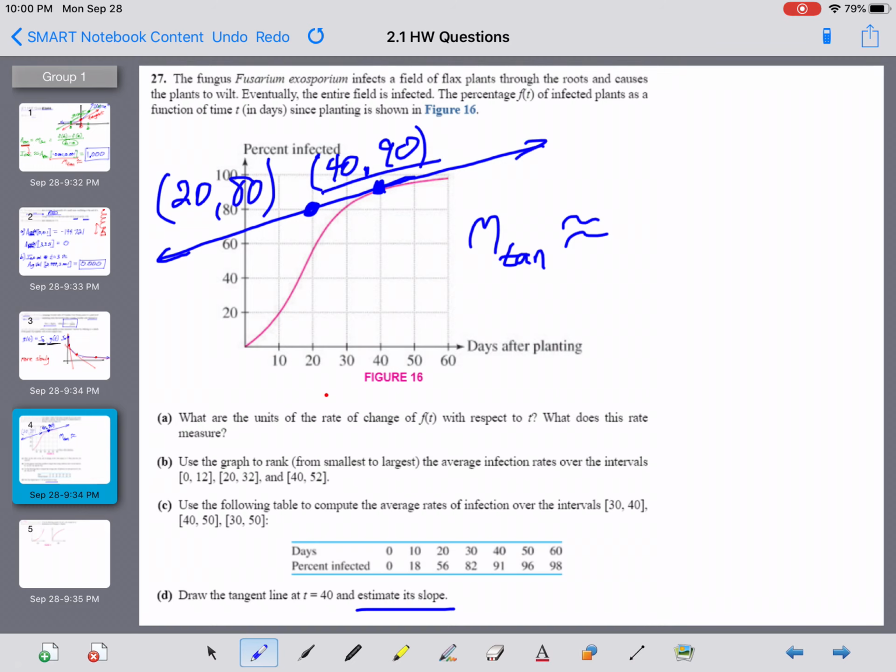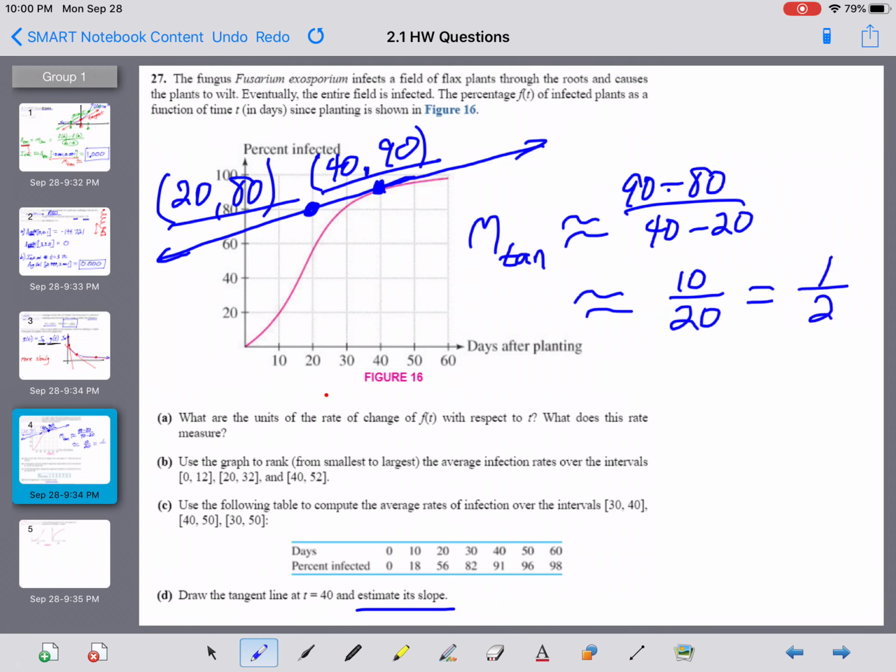So now we've got two ordered pairs that are located along that tangent line. We should be able to estimate the slope there. So change in y, I'm going to go 90 minus 80 up in the numerator. And on the bottom, change in x, or actually change in t, is going to be 40 minus 20. So that is going to get us a 10 over 20, and last I checked, I would say the slope of that tangent is approximately equal to 1/2.